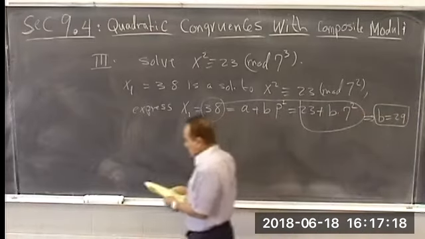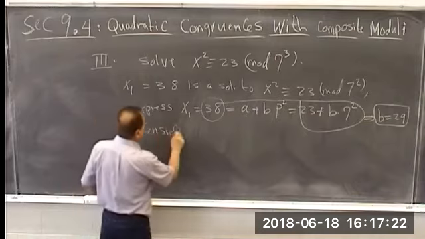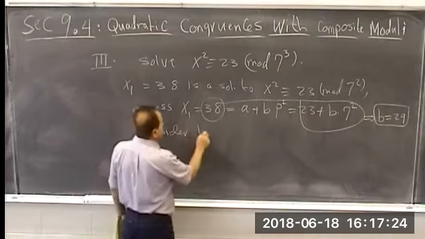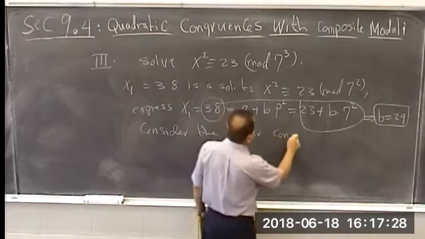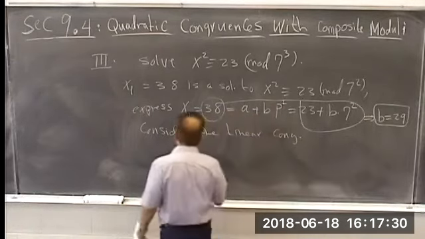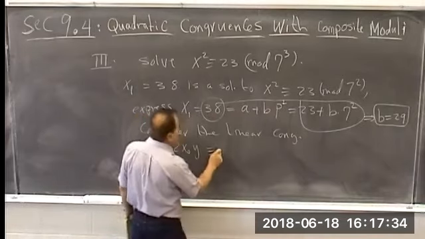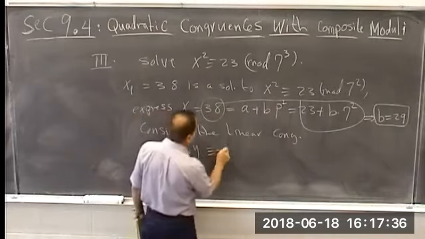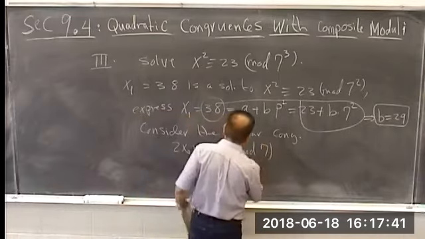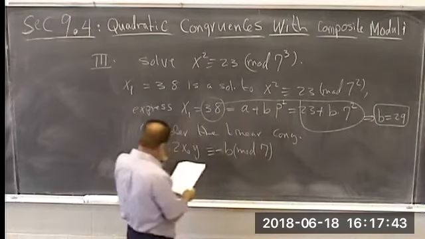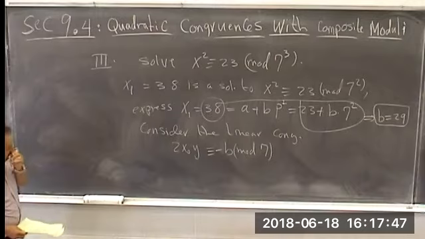Then we consider the linear congruence, which is 2 x sub 0 y congruent to negative b mod 7. But no 7 squared here. Actually, we always use 7.